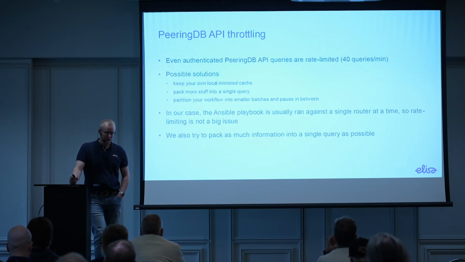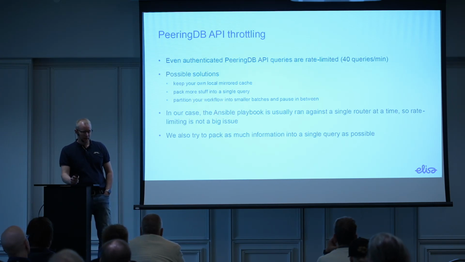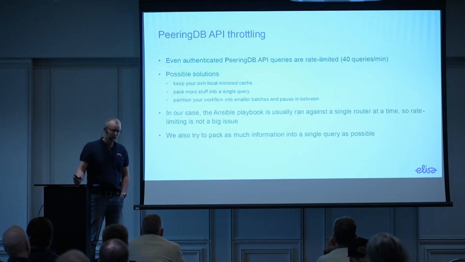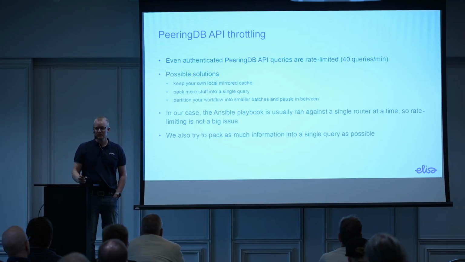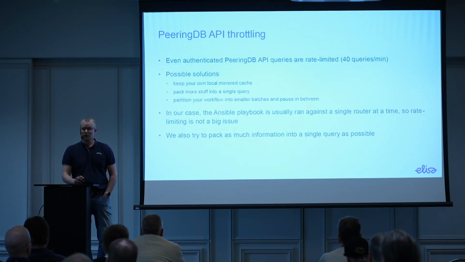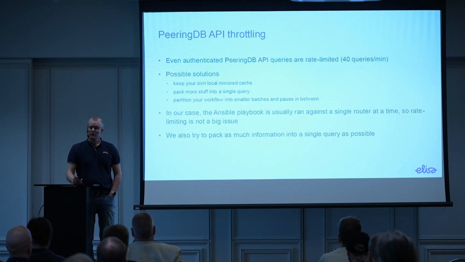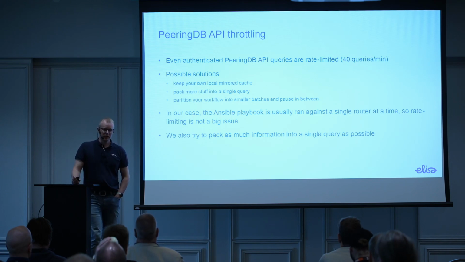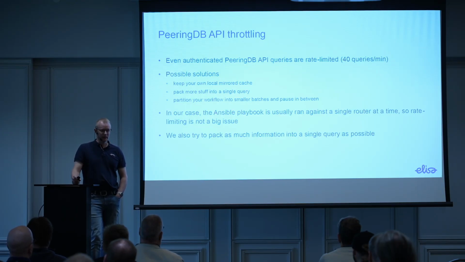About PeeringDB API throttling: the PeeringDB API is quite heavily rate limited, even when authenticated. The rate limit is, as far as I know, 40 queries per minute. It's not actually very much, because if you have hundreds of peers and you do a single query for each peer, you are quickly going to hit the rate limit.